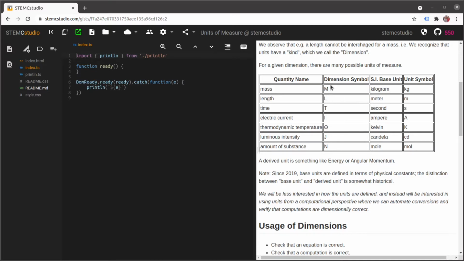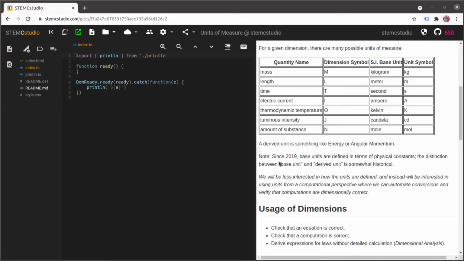We will primarily be interested in mass, length, and time. And then if we're doing electrodynamics, we'll be interested in the electric current. And perhaps if we're doing thermodynamics, we'll be interested in the thermodynamic temperature. And you can see how these fundamental dimensions, so the quantity named mass, is related to its dimension, and then an example of the SI unit.